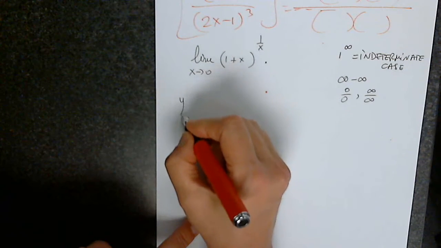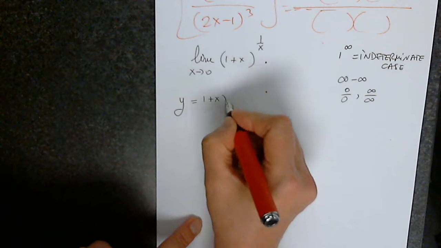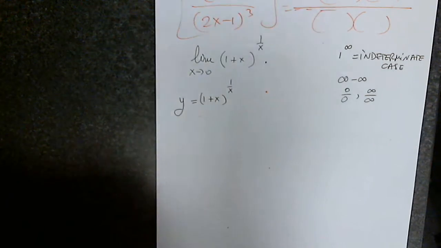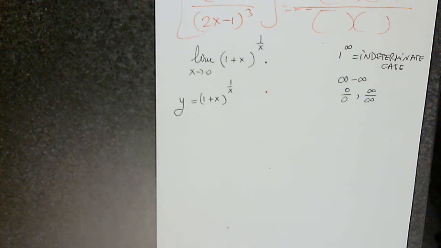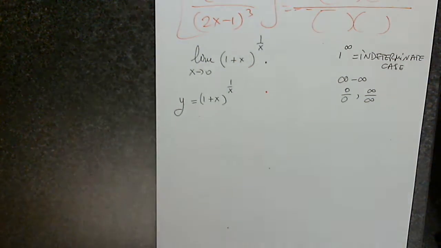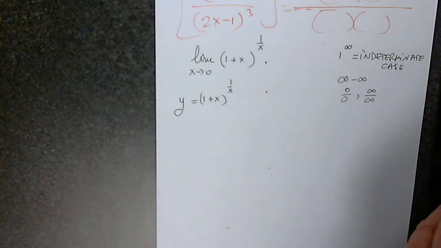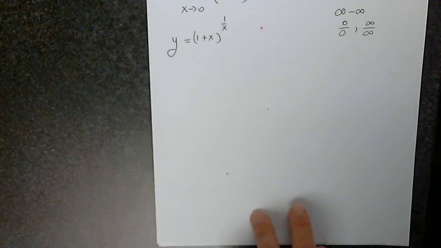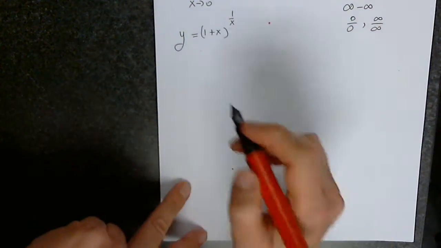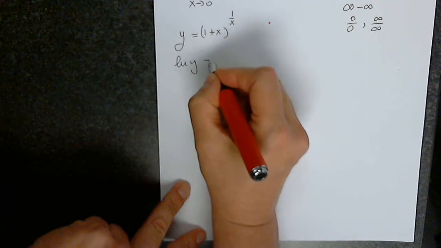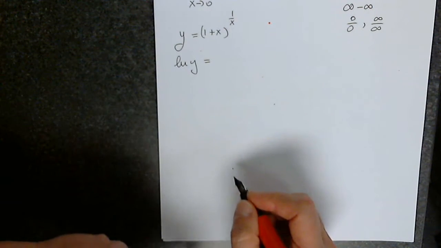And then I will say let y be 1 plus x raised to 1 over x. What do you think I'm going to do to both sides? Natural log. Absolutely. So I apply natural log to the left. And what do I get on the right-hand side?